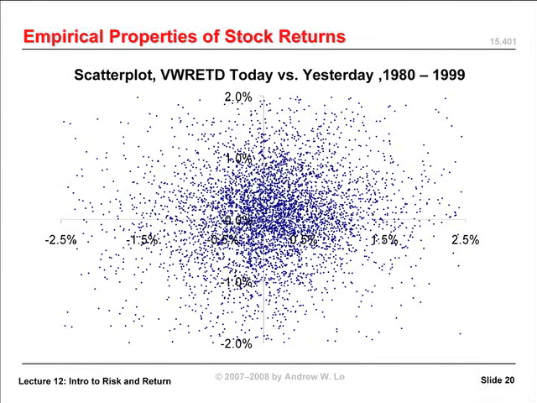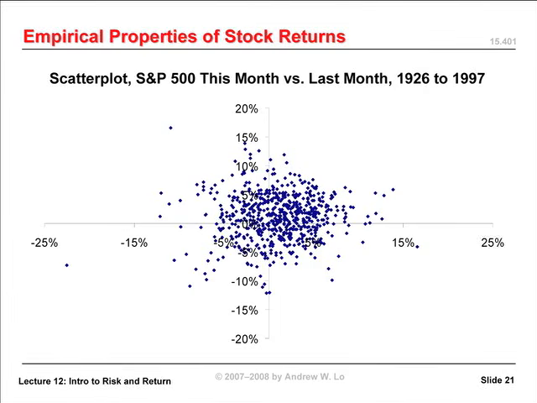Now, if you look at it on a monthly basis for the S&P 500, from 1926 to 1997, you get something that also looks kind of random, right? So not much predictability here, not much predictability there.